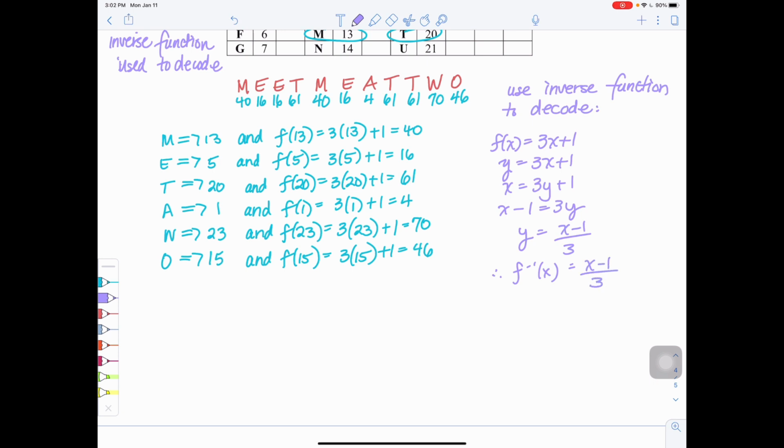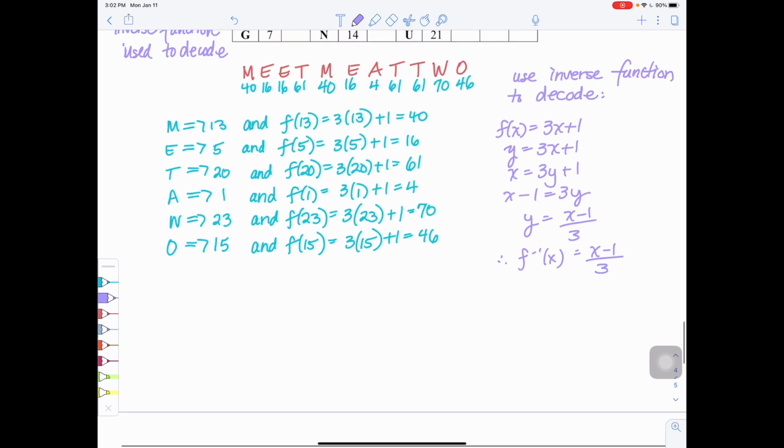So now, look at this. If we found f inverse of, let's say, 40, which would be right here, f inverse of 40 is 40 minus 1 over 3. That's 39 divided by 3, which is 13. And you can see, here's 13 for M. So that's how you would decode.